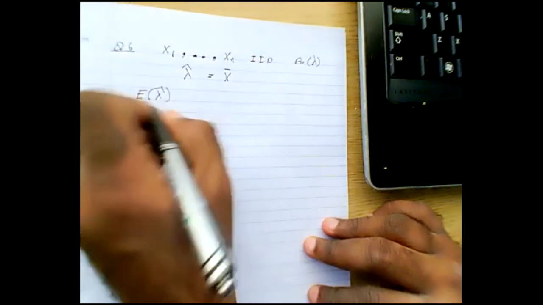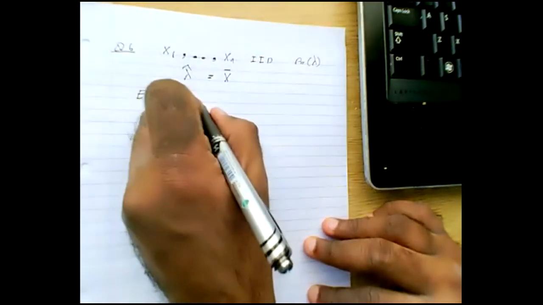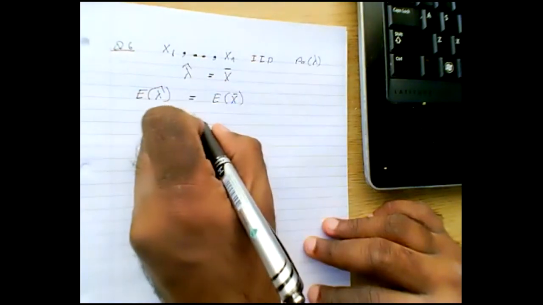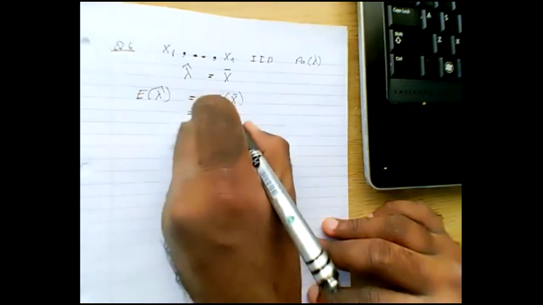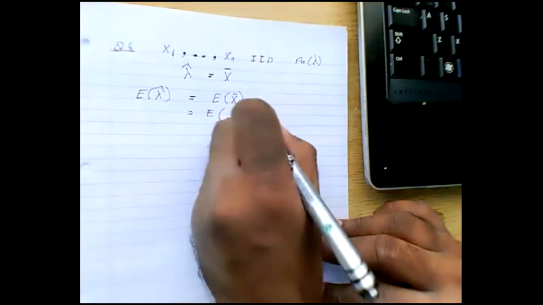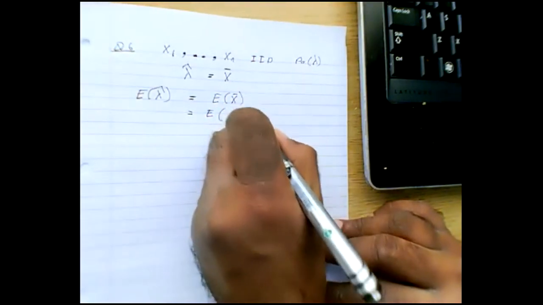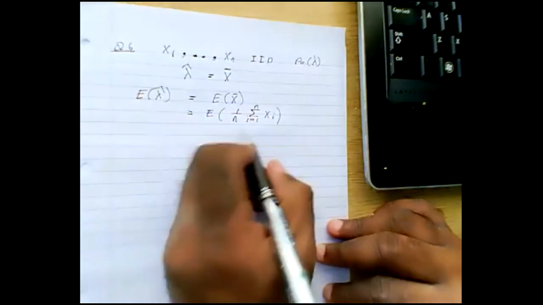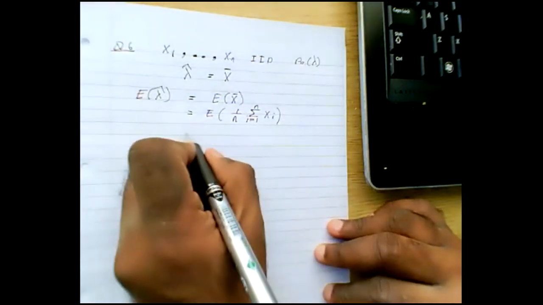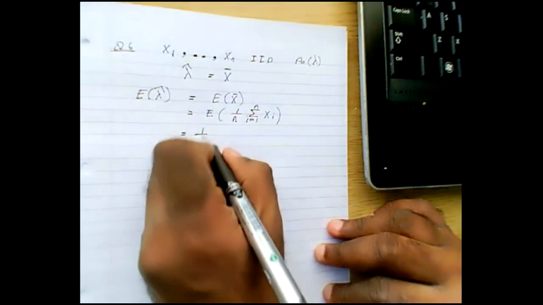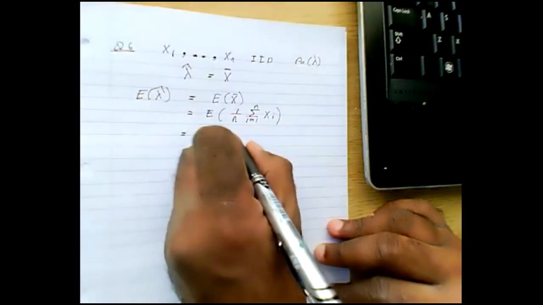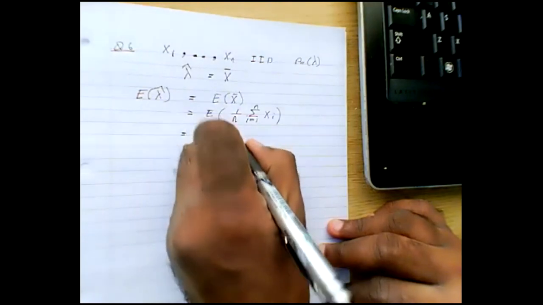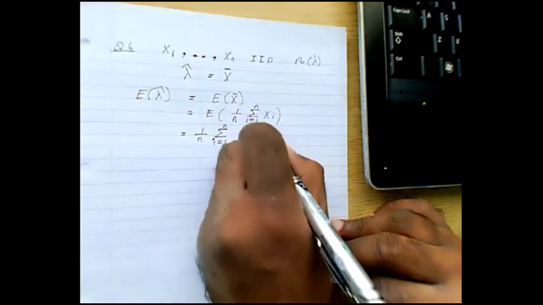So to find the mean, you take the expectation of lambda hat, which is the expectation of x bar, which is the expectation of 1 over n times the sum of xi. Now, if you take the n outside, this will be 1 over n times the sum of the expectation of xi.